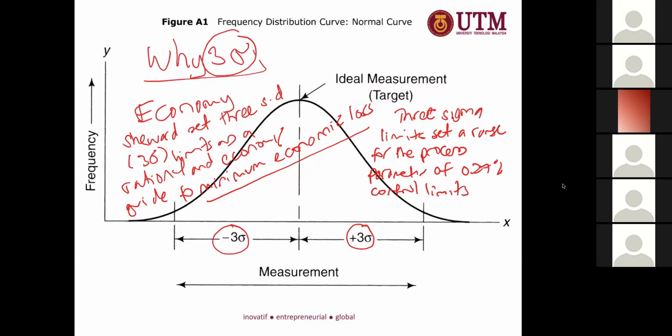So 3 sigma control limits are used to check data from a process and whether it is within statistical control. That's the reason. So we have to agree with this because long time ago, Dr. Deming and Dr. Walter Shewhart considered this. This is the minimum economic loss. The minimum one. If we increase beyond 3 sigma, the loss will increase. So industry can tolerate this range. That's the only reason.